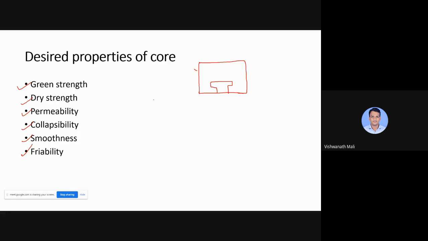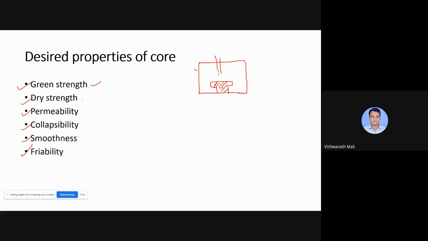At that time, that core should withstand the molten metal, so it should have good green strength. That is called green strength.